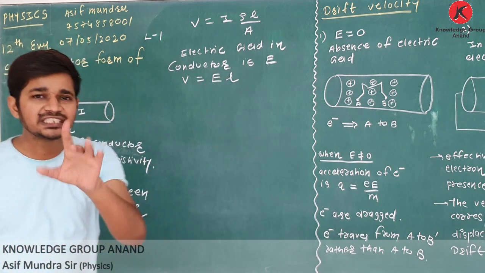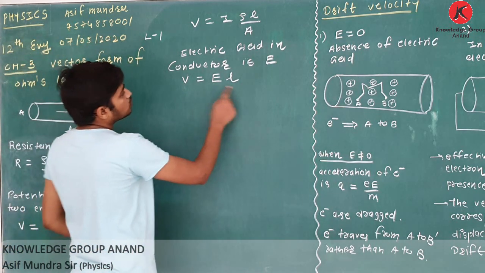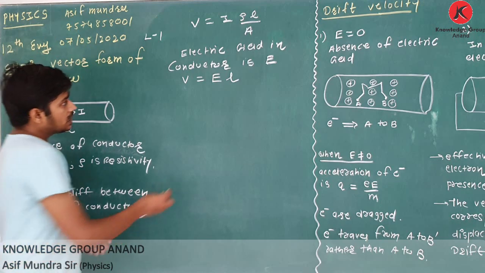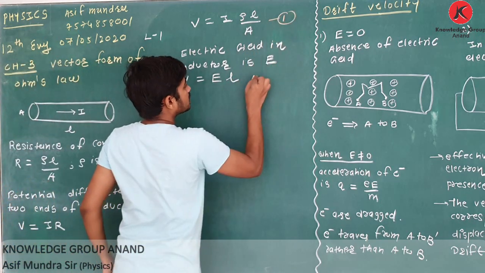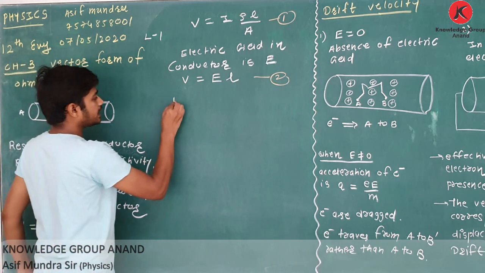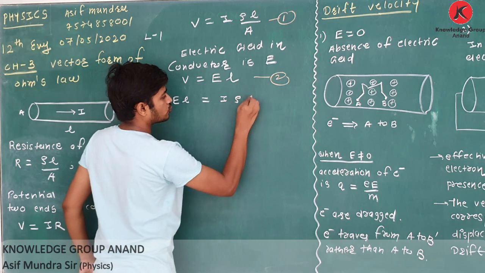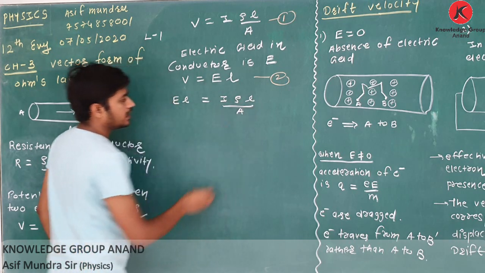You know this equation from chapter number 2, V is equal to Ed. So I can write V is equal to EL, equation number 2. If you compare these two equations, you will get EL is equal to I rho L upon A. Any doubt?